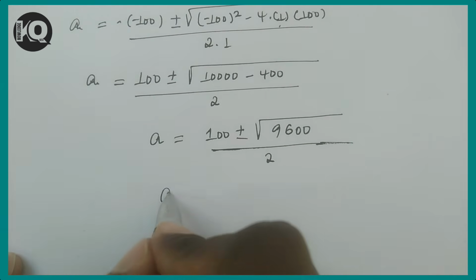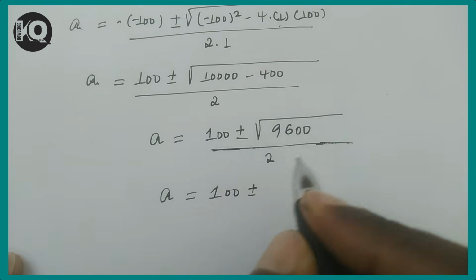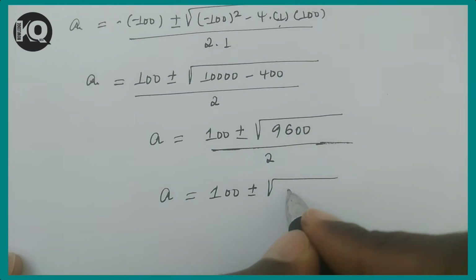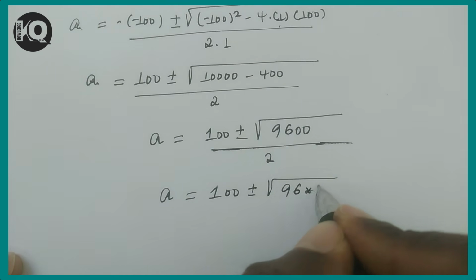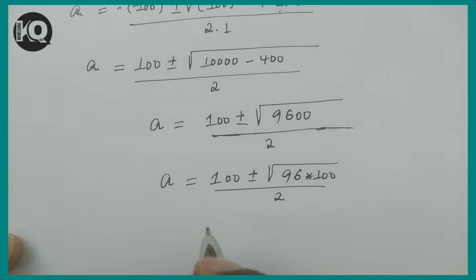So a is equal to 100 plus or minus the square root of 9600, which can be written as the product of 96 times 100, divided by 2.